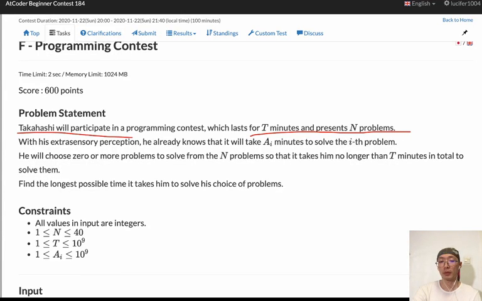Each problem will take A_i minutes. Then we need to make a choice. We need to choose from the n problems so that these problems take no longer than T minutes, and we want to find the longest possible time.